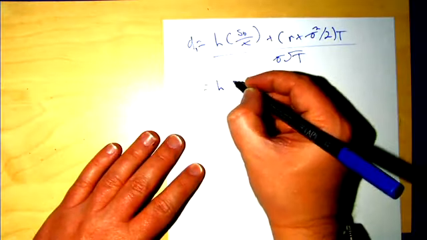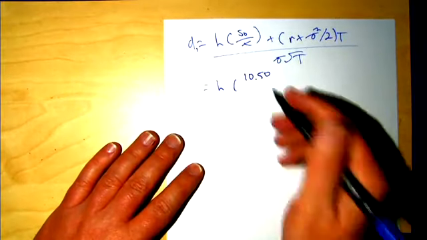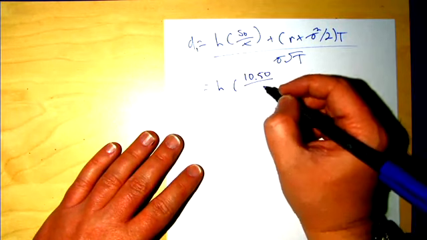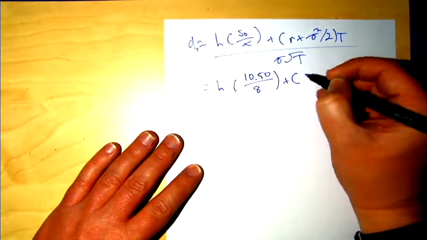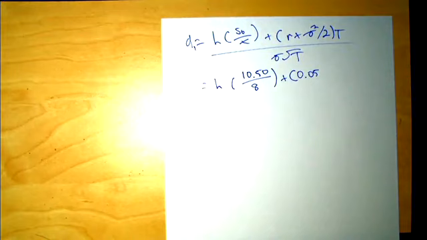So in your question, you're told the current stock price of Woodside Petroleum is $10.50. This is a call option with a strike price of $8, plus my risk-free rate is 5%. These are all continuously compounded rates, by the way. They must all be continuously compounded rates.